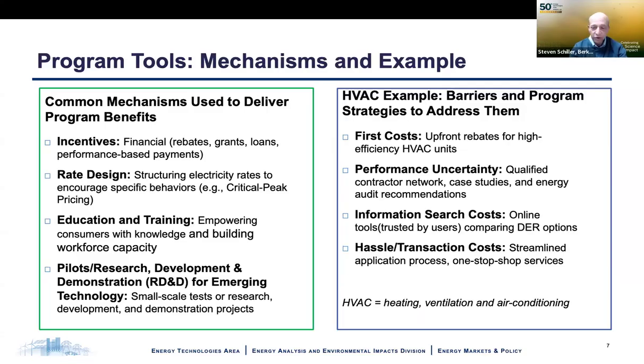For that information search cost barrier, you could set up online tools, ones that are hopefully trusted by users, with a good user interface that allow people to compare their DER options in a more straightforward and easier way. And then for that hassle, transaction cost barrier, certainly having an application and a process that makes it simpler, perhaps one-stop shop type services. Combining these together to address the various barriers might be a way you put together that HVAC program.